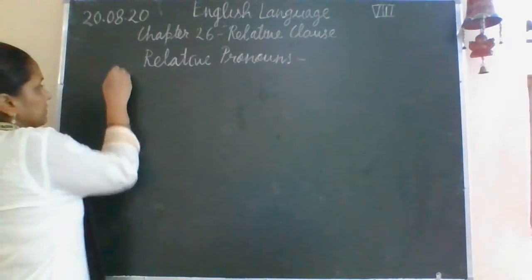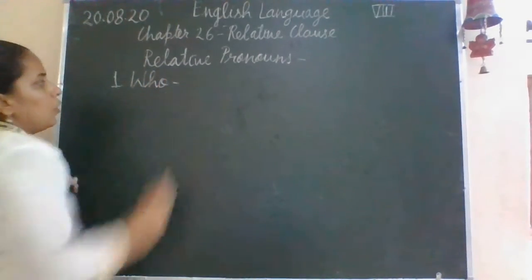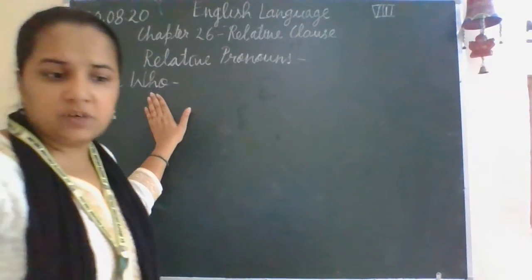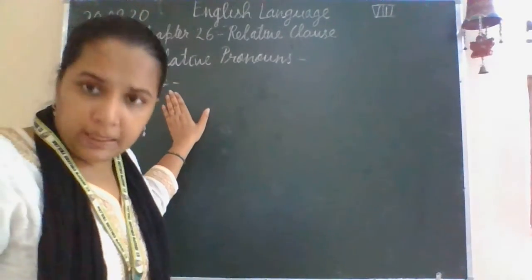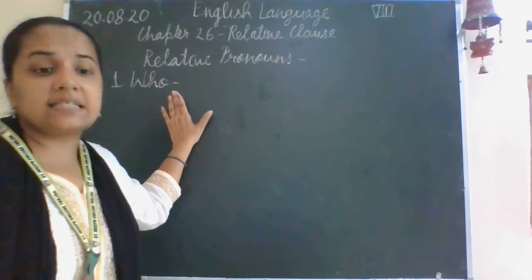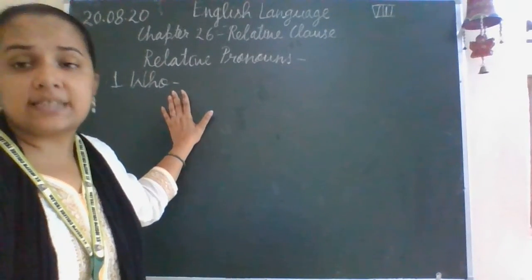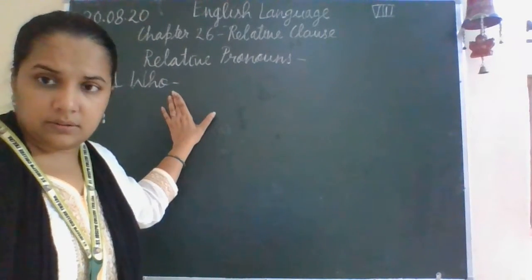Now, the first relative pronoun that we will take is who. All of you must be aware of this word. This is used for people, and it can also be used as an object, as a subject of a verb or preposition.